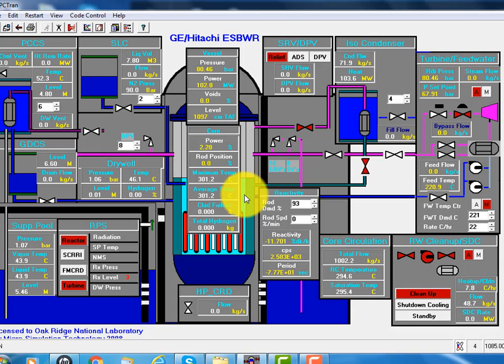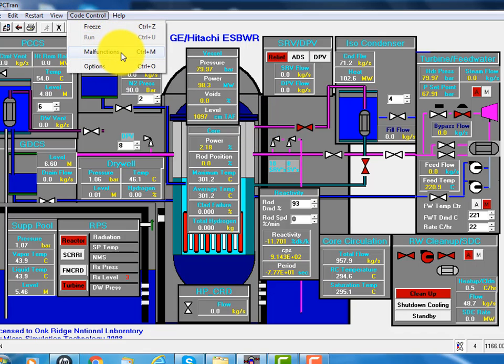You see the core heat right now is 100 megawatts, and the isolation condenser removal rate is also 100 megawatts. So the pressure stays at that relatively high condition. And that could last for 3 days. It's fine, it's okay.